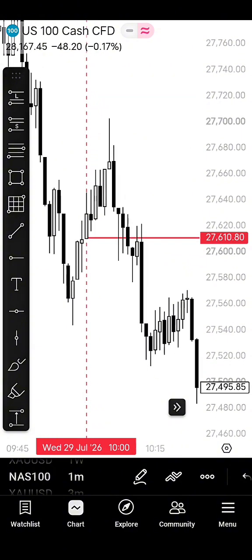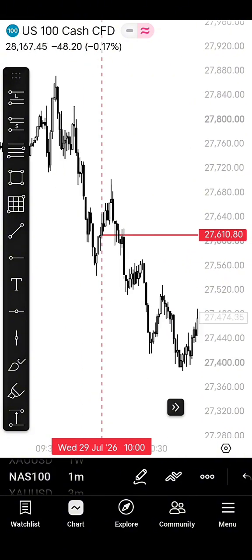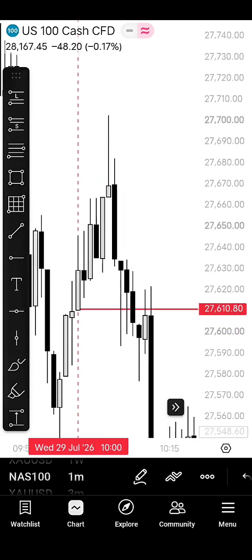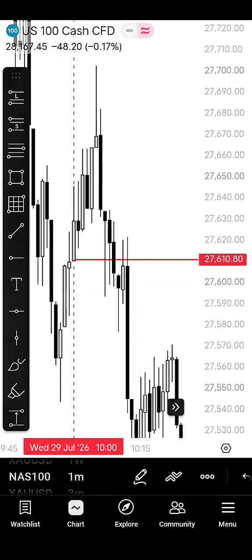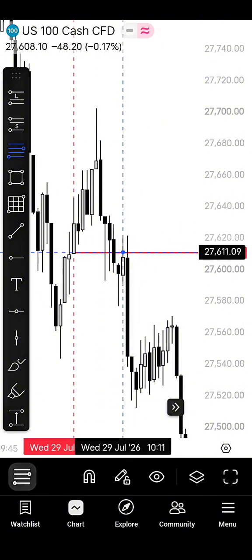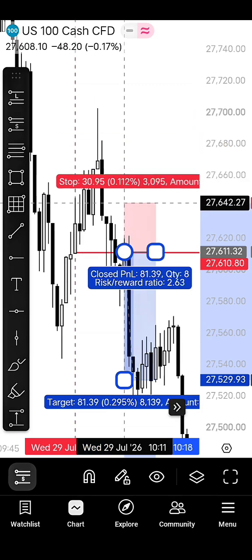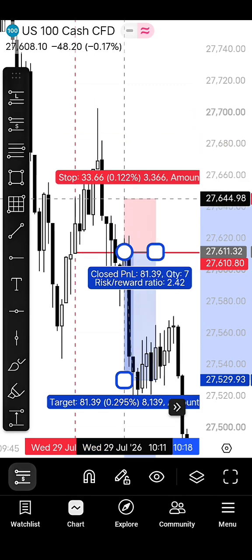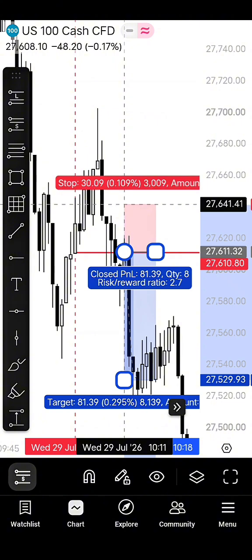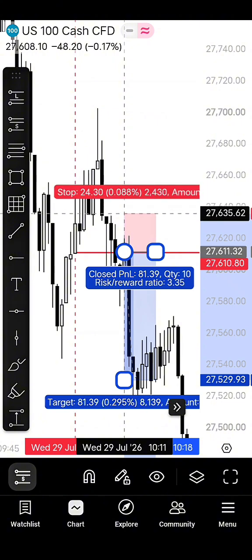So now what will I do? I will look for the short setup. Why? Because the market is also very bullish, you can see here clearly. And I am also respecting the GS gap, which is one of the highest probability gaps in the whole industry. So my stop loss will be above here. Like 33 points is way more than 25 points or 30 points. It's up to you.